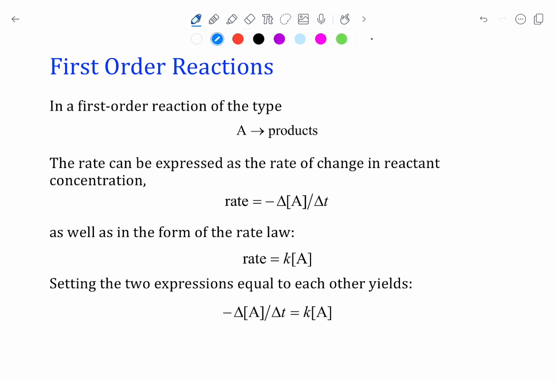So here's where we're going to bring in our rate expressions and our rate laws. So we have a rate expression, but we can also write this reaction in terms of a rate law.